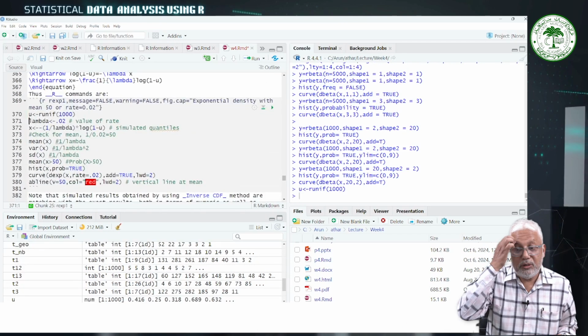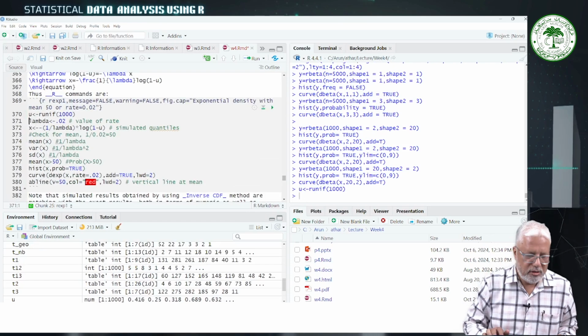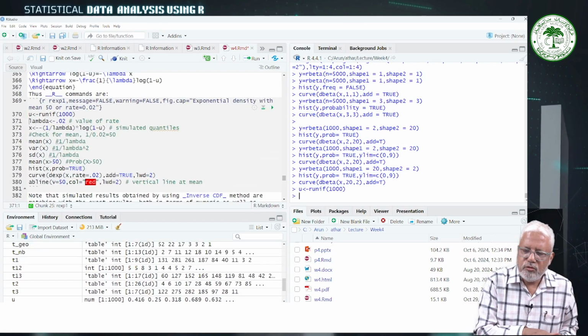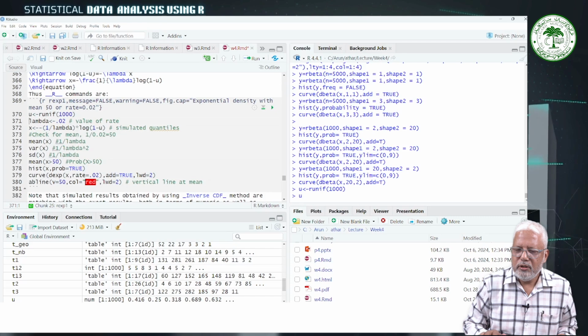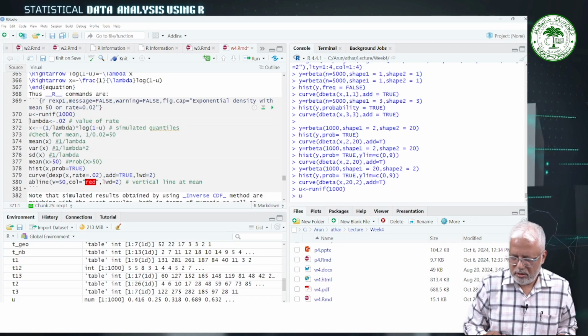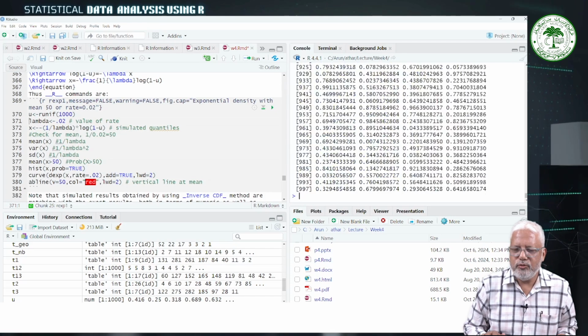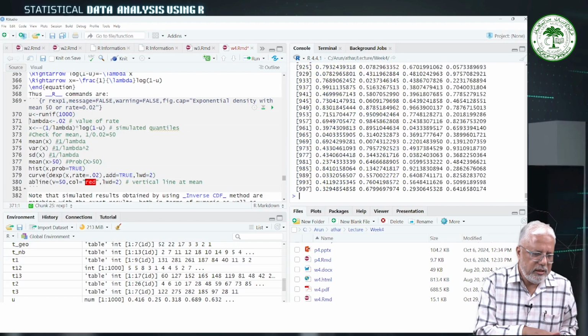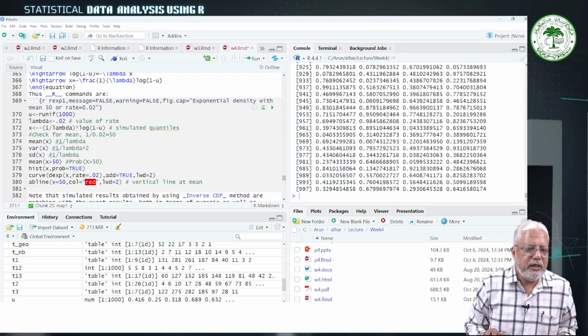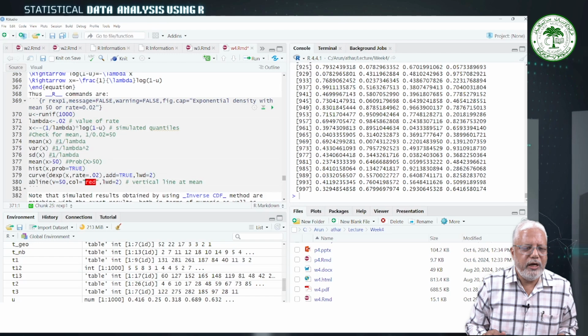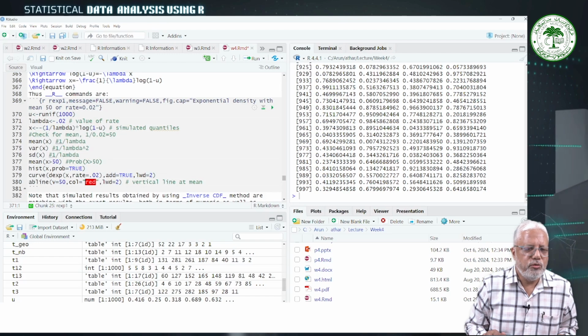These are random simulation from uniform distribution. So we can have 1000 uniform 0-1 deviates, and then we are assigning a value 0.02 to the lambda.